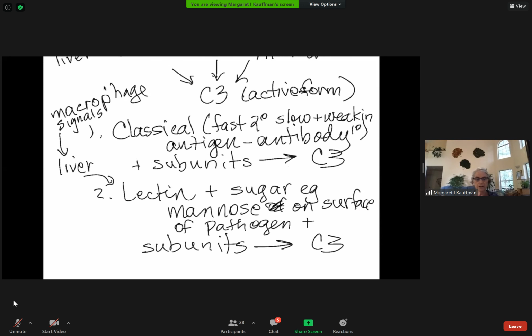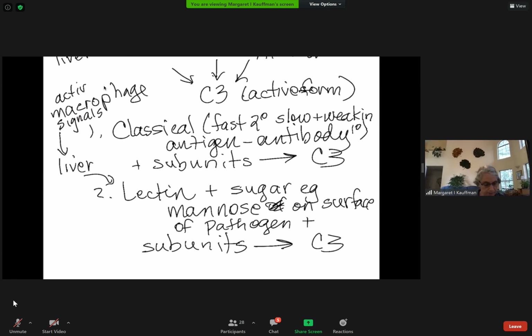So you do need the macrophages being activated before they're going to do that. I don't know for a fact which signaling molecule, whether it's some type of interleukin, or at one point the book had said tumor necrosis factor alpha, but I don't see that anymore in our book. So an activated macrophage, it's already phagocytic, it's out in the tissues. It signals the liver, make lectins. Lectins enter the plasma.